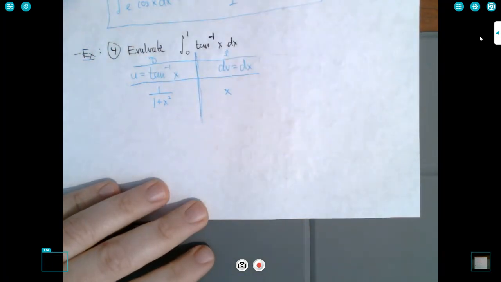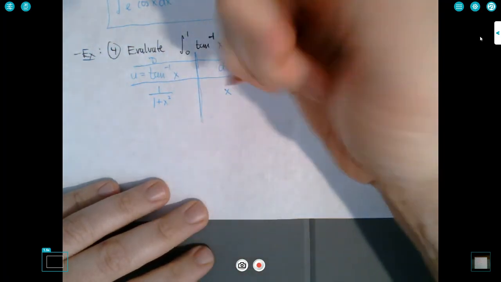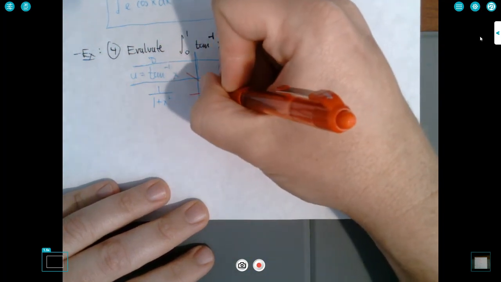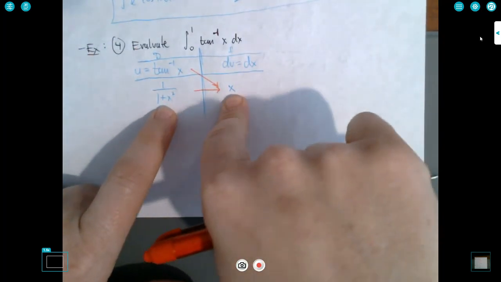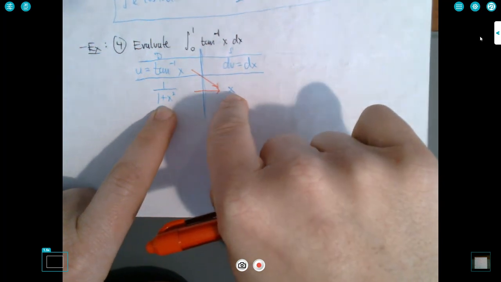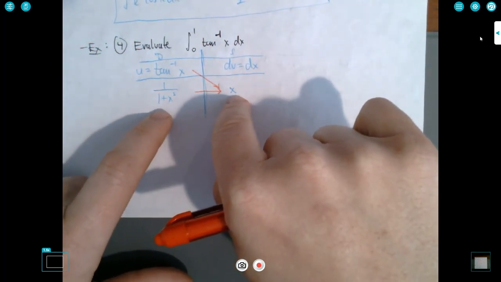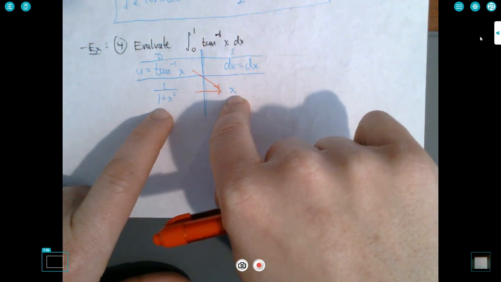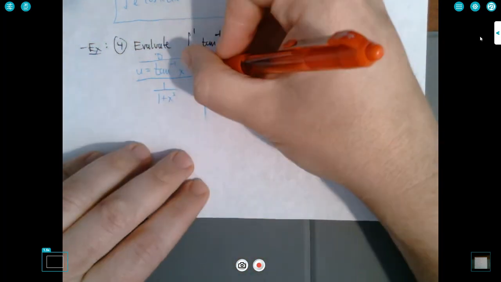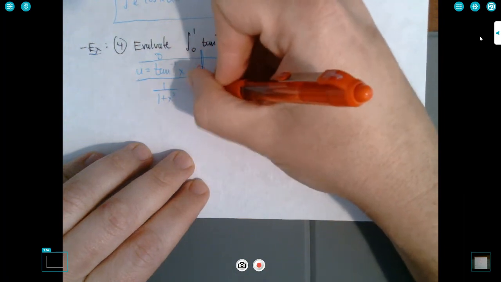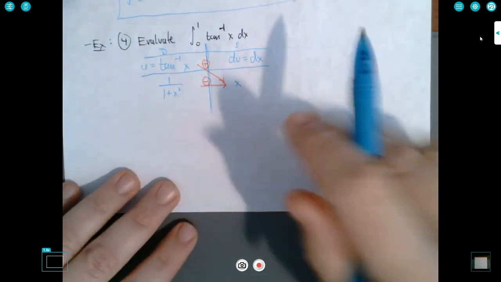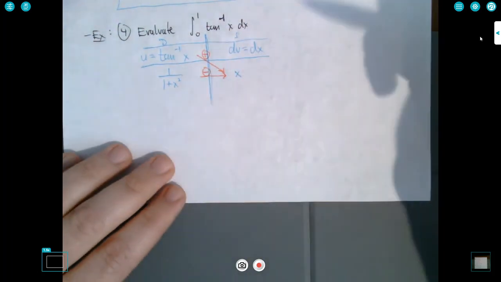So I'm just going to stop there, because if I do this times that, and then I integrate this times that, I'm going to have an x over 1 plus x squared, and I can do a u substitution there. That's like a natural log type of situation, right? So I'm going to add this and subtract that, and I'm just going to go ahead and stop there with the tabular method.